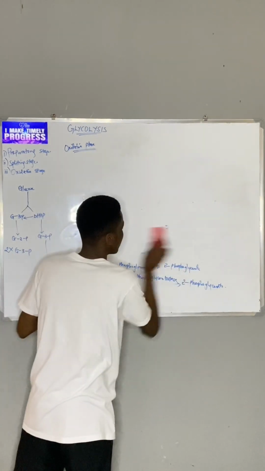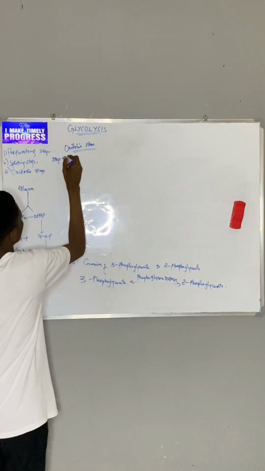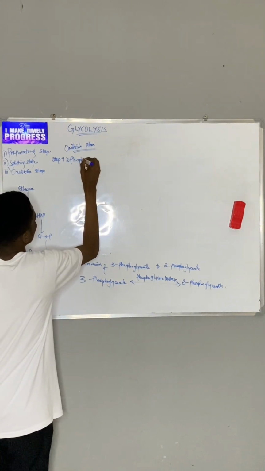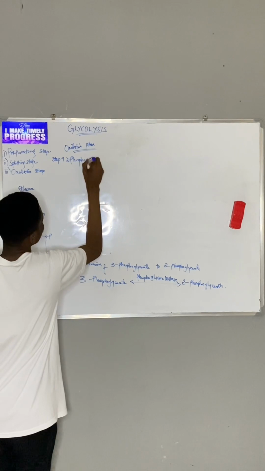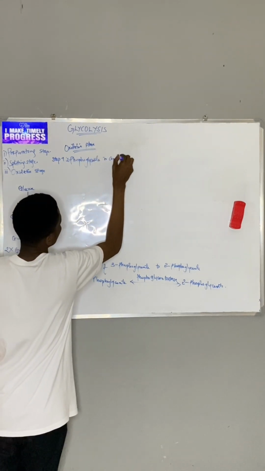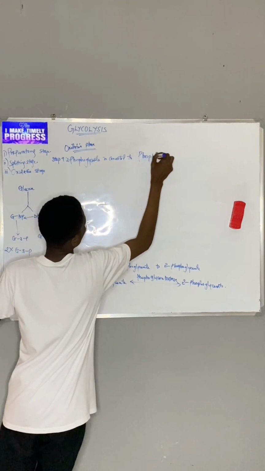Now in step 9, 2-phosphoglycerate is converted to phosphoenol pyruvate.